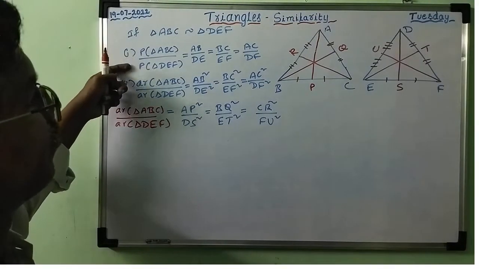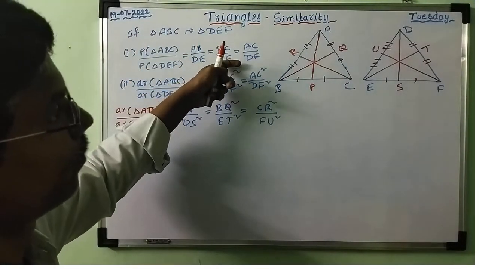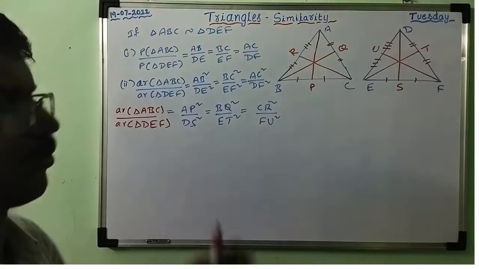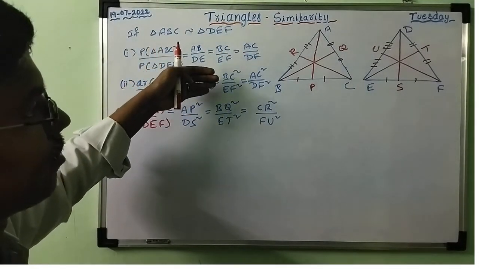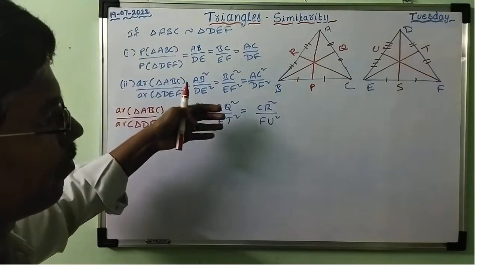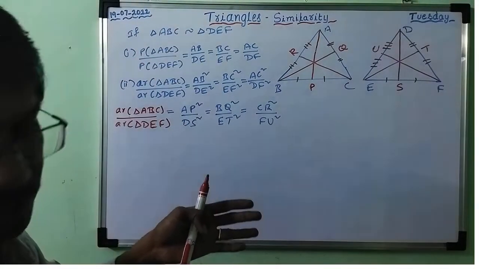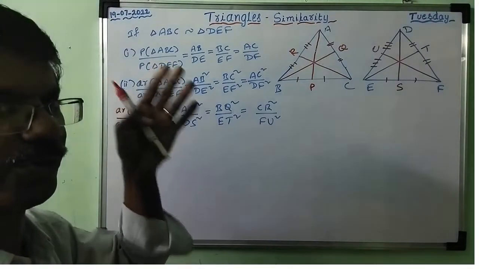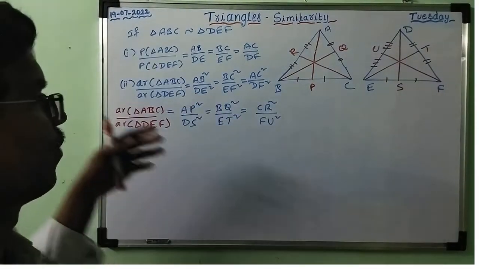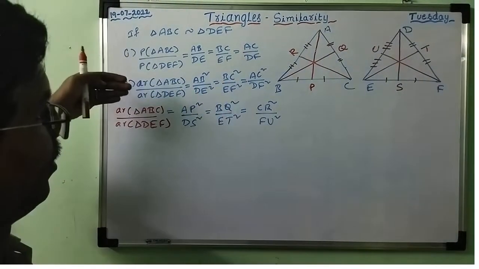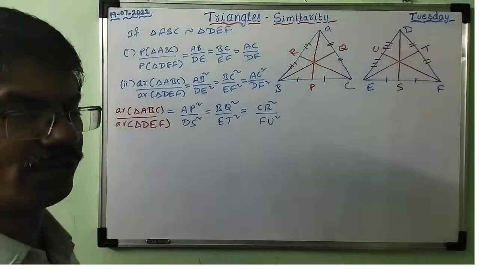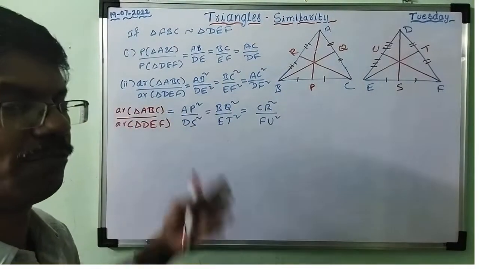So here the perimeters ratio is equal to the ratio of sides only, but for areas we take the ratio of squares of corresponding sides, medians, altitudes and angular bisectors. The ratio of squares we have to apply if we are considering areas. Remember that, and it is applicable in many cases.